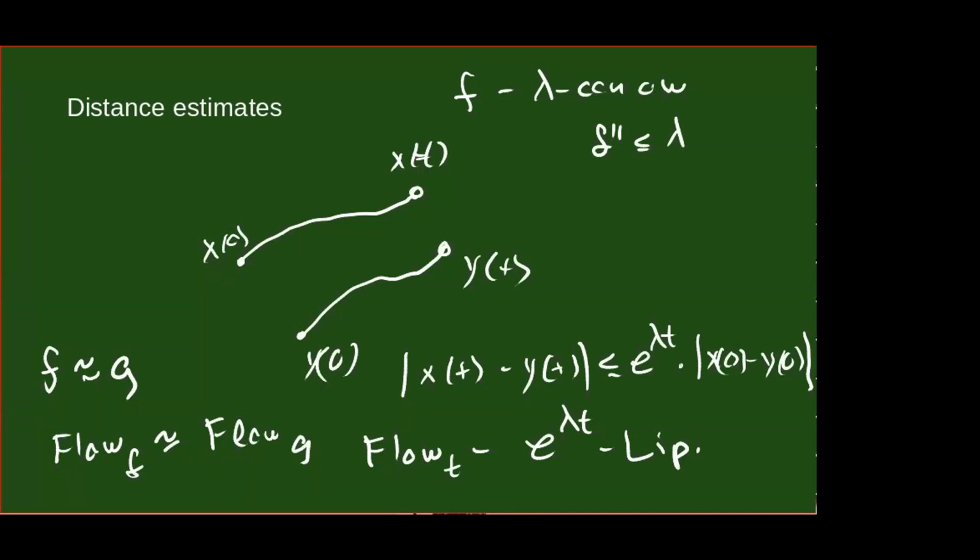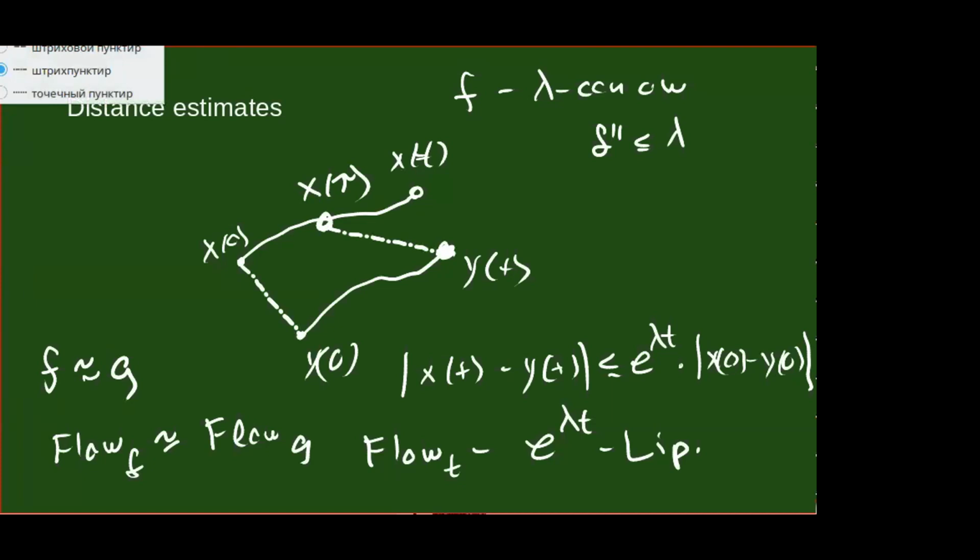Or you may find estimates for different parameters. You can flow along the same flow for time tau and for time t, and estimate this distance in terms of this distance. But these are not important.